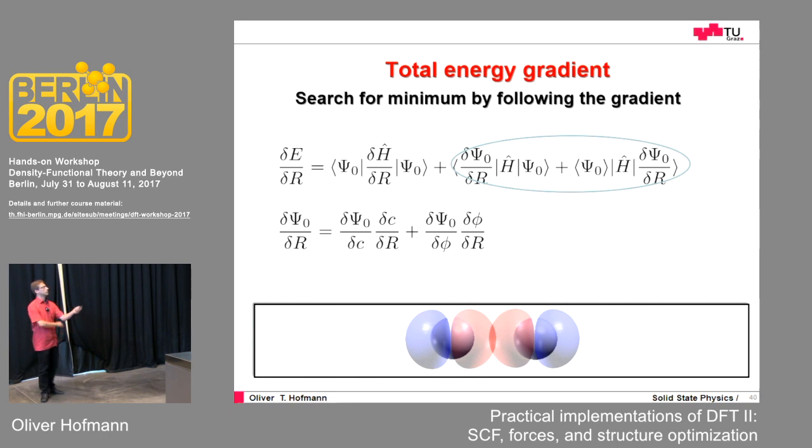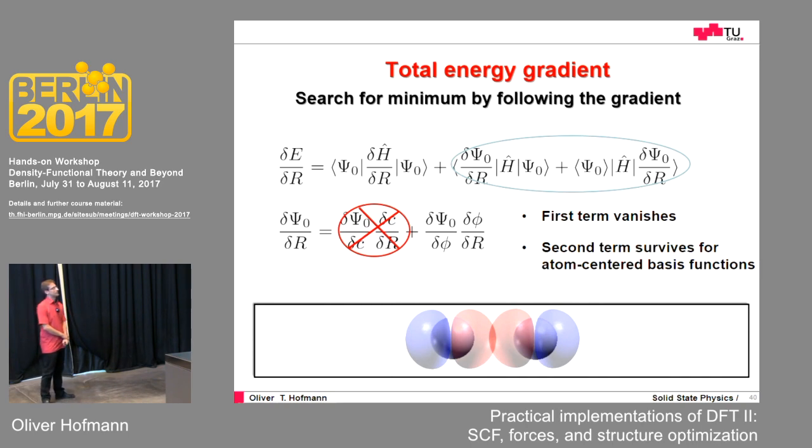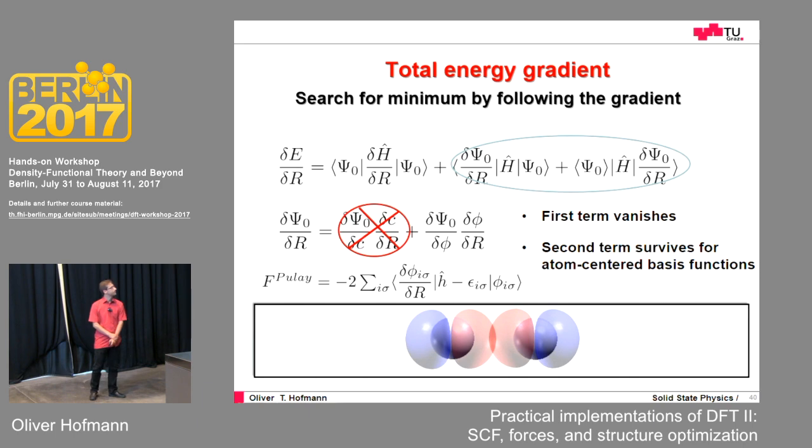They consist of 2 different contributions: the partial derivative with respect to the LCAO coefficients and the derivative with respect to the orbitals themselves. The first contribution can be shown to vanish. The second term survives for atom-centered basis functions.